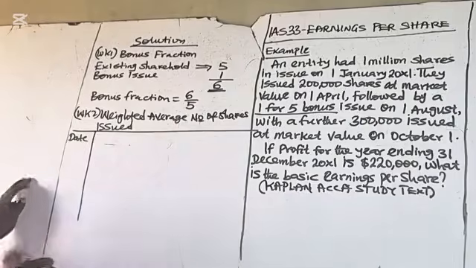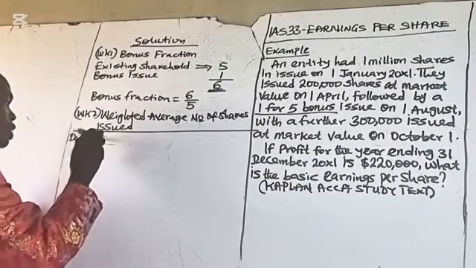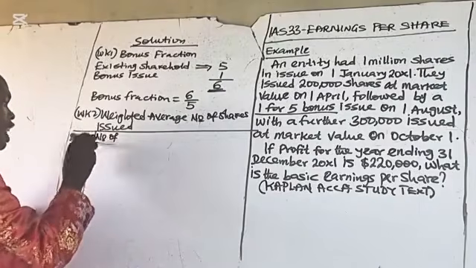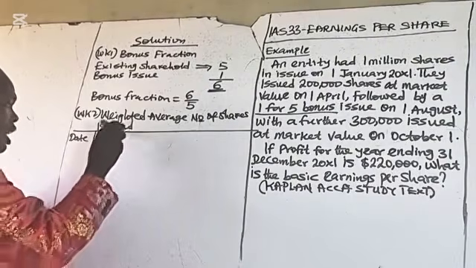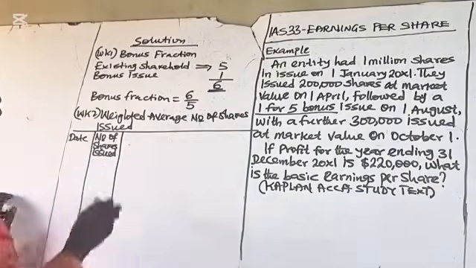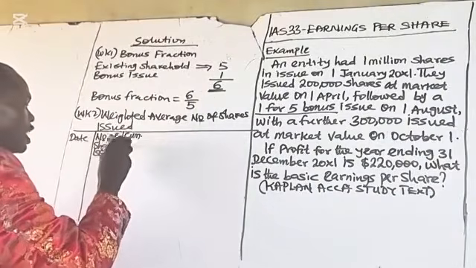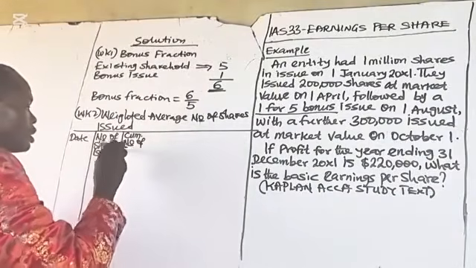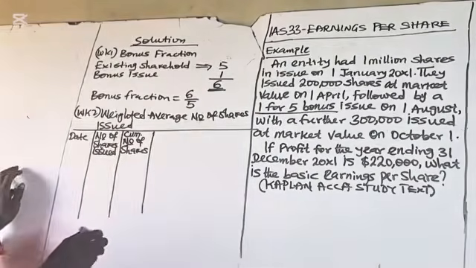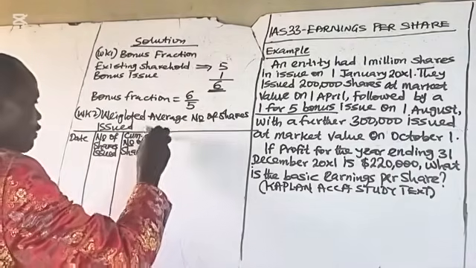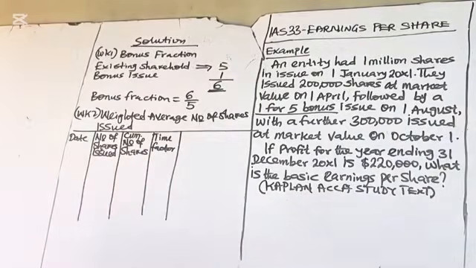After the date or period, the next thing that follows is number of shares issued. After number of shares issued, we have cumulative number of shares. After cumulative number of shares, we have time factor. So we have the bonus fraction.